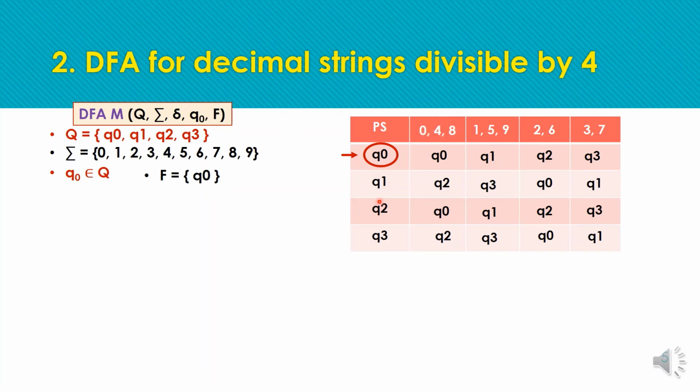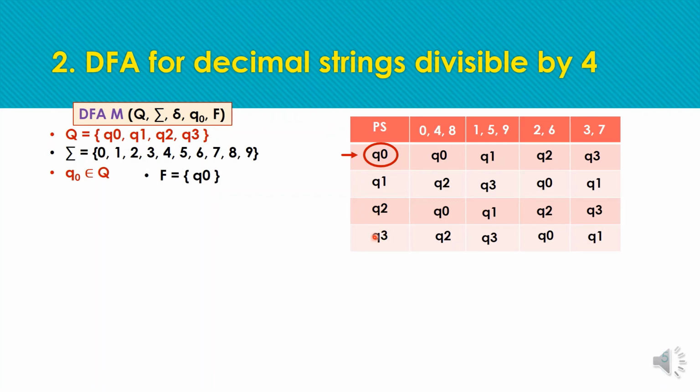Same way, from Q1 we are moving to the state Q3 for the second set of input symbols 1, 5, 9, and from Q3 we are moving to the state Q0 for the inputs 2 and 6, and same is the case with Q1. For the next inputs 3, 7, we are moving to state Q1 from Q1, and also to Q1 from the state Q3.